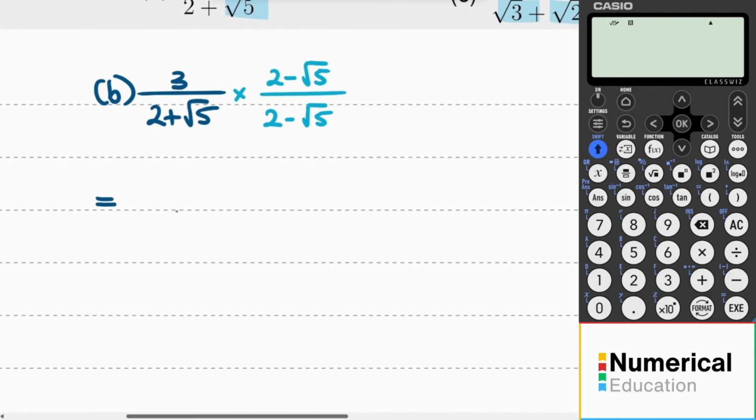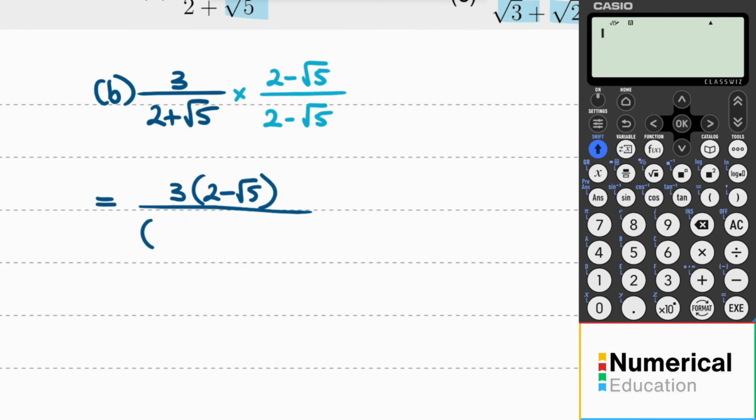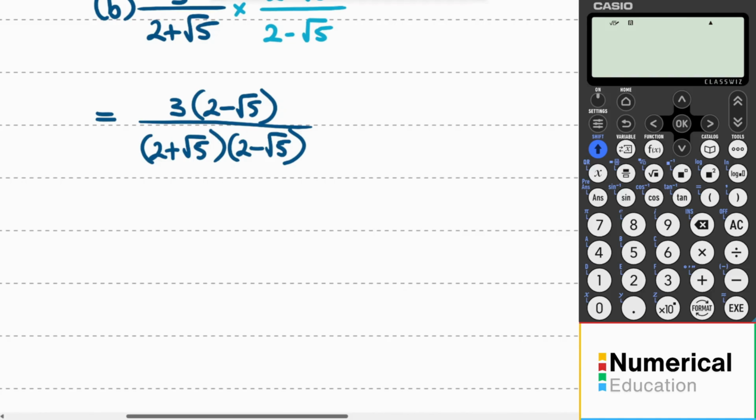So we're going to have one large fraction. The numerator is going to be 3 lots of 2 minus root 5. The bottom will look like this: you have your 2 plus root 5 multiplied by your 2 minus root 5. Now the reason why this technique works when you multiply by the conjugate, in fact, as I do that, I might just quickly expand the numerator.